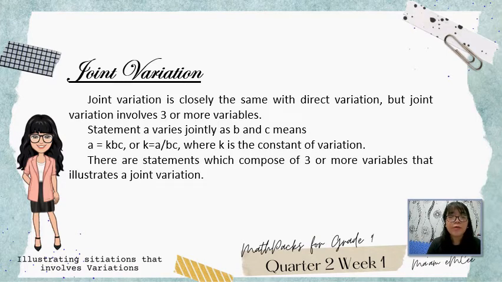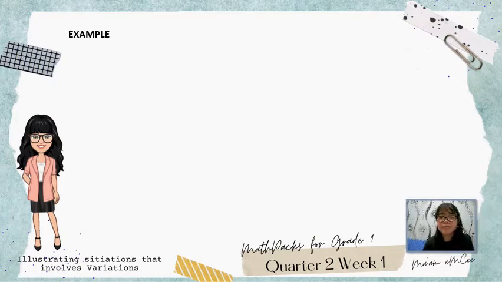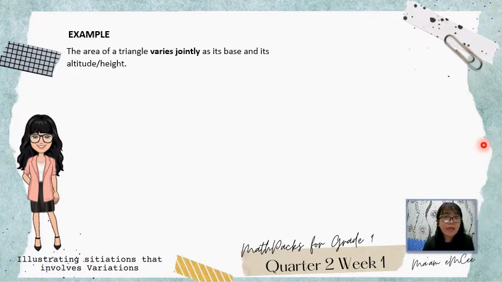There are statements which are composed of 3 or more variables that illustrate a joint variation. Take this one as an instance. The area of a triangle varies jointly as its base and its altitude or height. So in this situation, we are not just getting the relationship between the area of the triangle and the base, but as well as the altitude or the height.